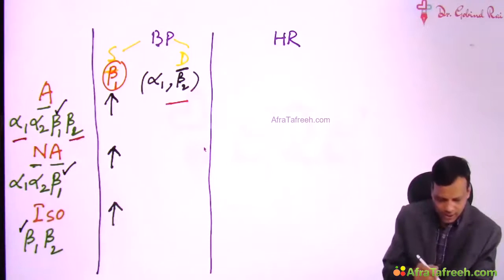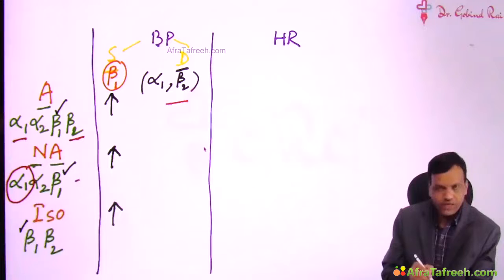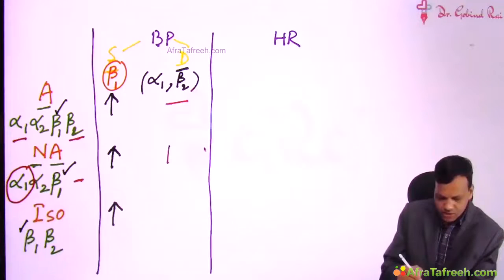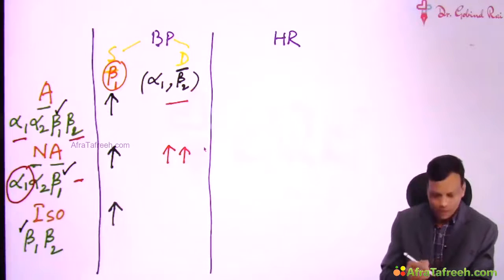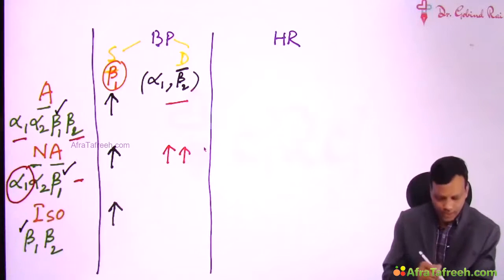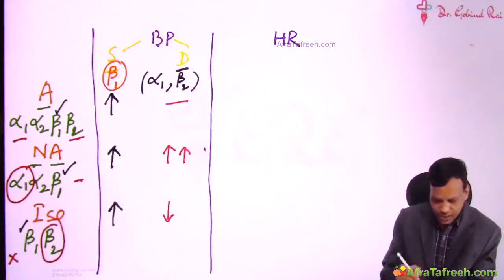On the other hand, noradrenaline stimulates alpha 1 which causes vasoconstriction, but it has no effect on beta 2. That means only vasoconstriction. Only vasoconstriction means it will increase the diastolic BP. Lastly, isoprenaline does not act on alpha, only acts on beta 2. Beta 2 we know causes vasodilation, and vasodilation will lead to a decrease in diastolic blood pressure.